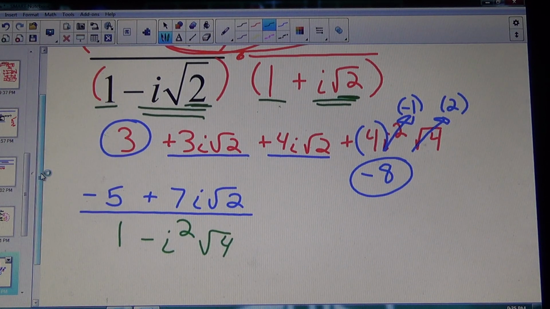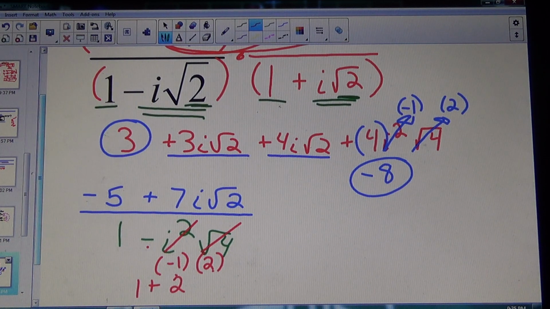And then if I simplify here, I know that this turns into a negative 1, and this turns into a 2. So I have a 2 times a negative 1 times a negative, which gives me a positive 2. So 1 plus, all of this will turn into 2. Okay? And then that would give me a 3 on the bottom.